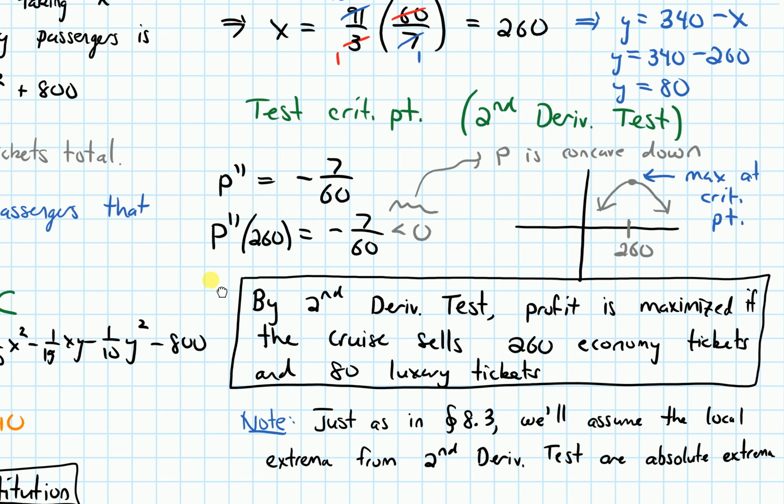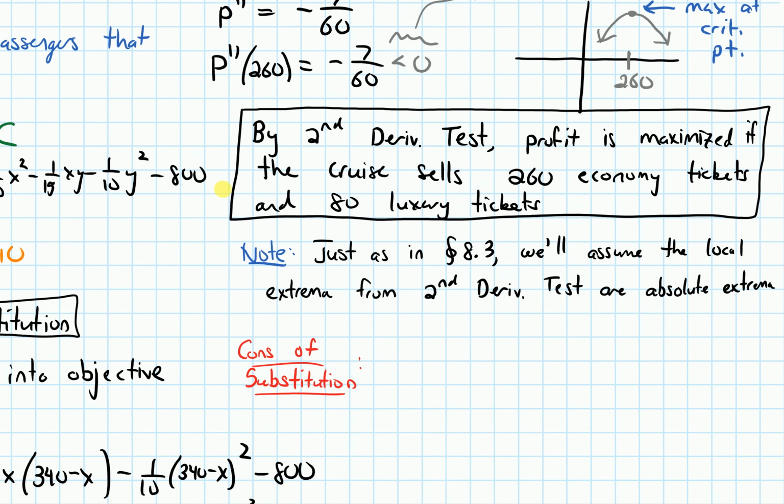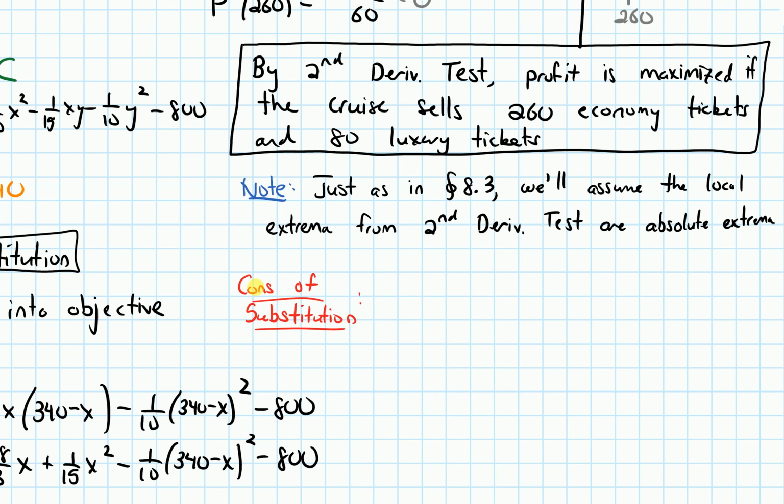All right, so I want to end this video by talking about, well, what are the drawbacks or the cons of this method? Well, as we saw, this is algebra heavy, and the algebra can be tedious, especially in these situations where we have these longer functions and then we got to substitute into that longer function.